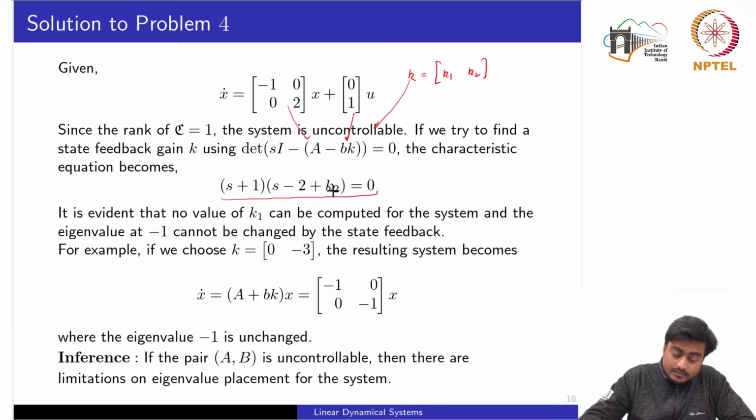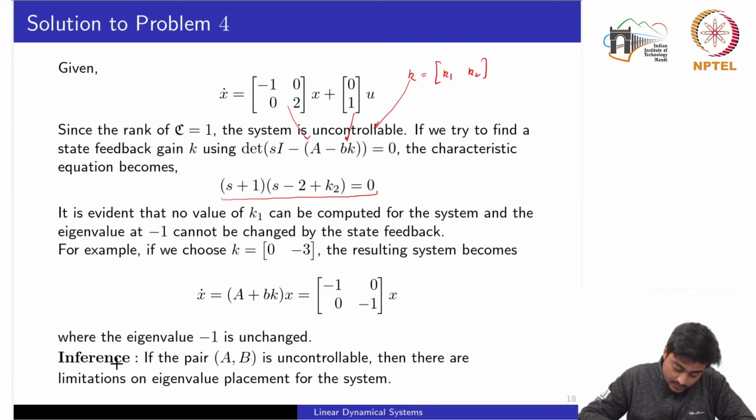Meaning to say that we can use any value of k2 to place only one of the eigenvalues. This eigenvalue would remain as it is, that is one of the poles located at -1. It cannot be changed. But the other eigenvalue, which is located at 2, meaning the system is an unstable system, we can place anywhere in the s-plane.